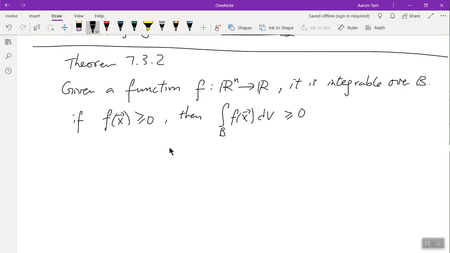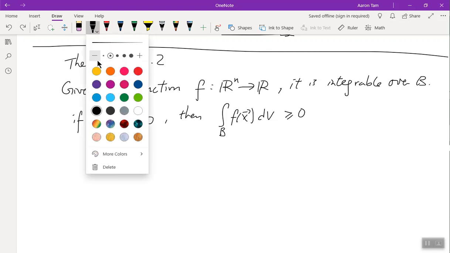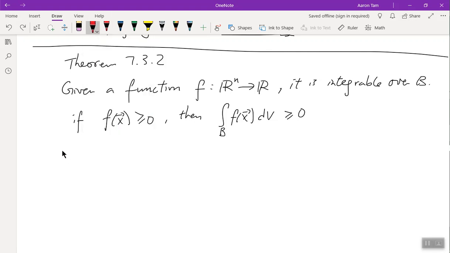What you have to understand is the following. In this scenario, the function f of vector x kind of represents the height, and B kind of represents the base.